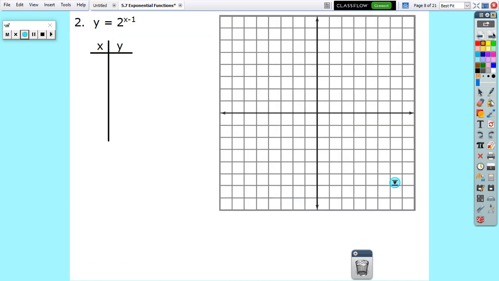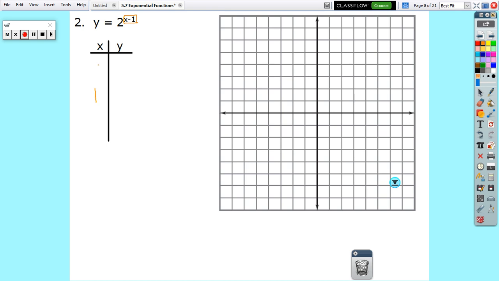All right, so example number 2. Our balance point, the first thing we want to look at, is what is going to make that exponent 0. So what can we put into x that when we subtract 1 we get 0? Our answer would be 1.